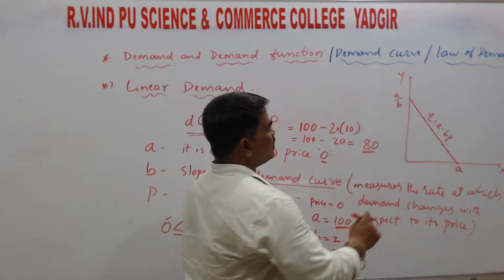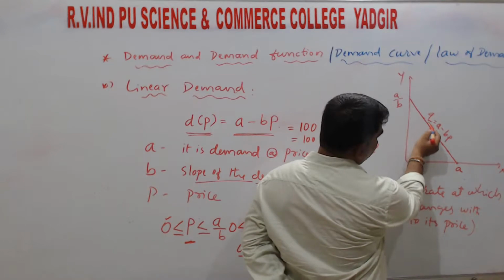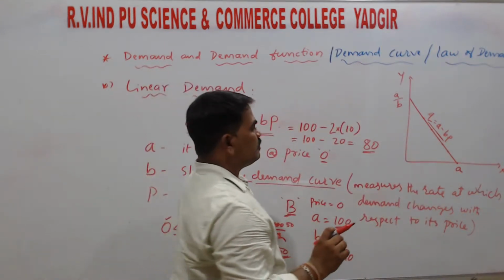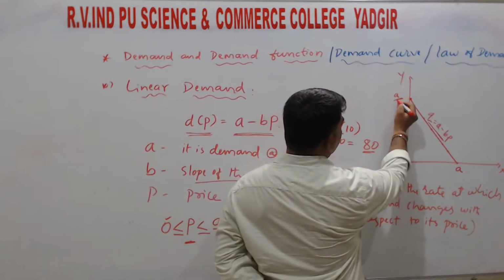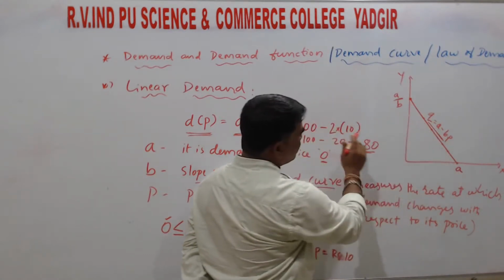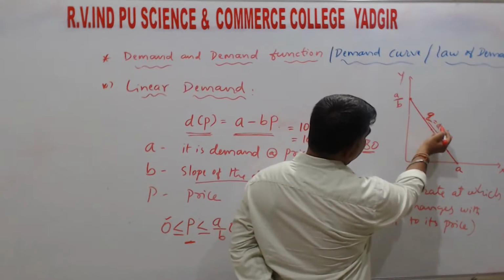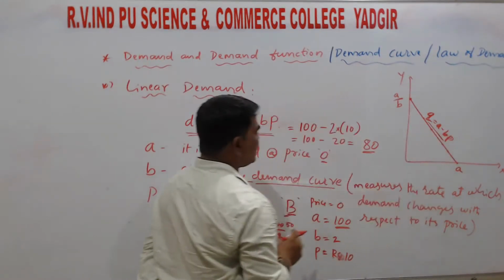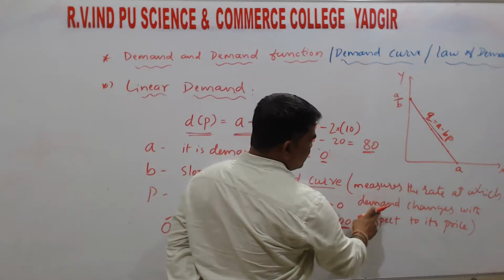The curve is a line where the equation gives the demand at a particular price of that commodity. So this point is A by B and this point is A. This line is the linear demand curve, and we know the equation: quantity demanded is equal to A minus B times P. B is the slope of the demand curve, which measures the rate at which the demand changes.